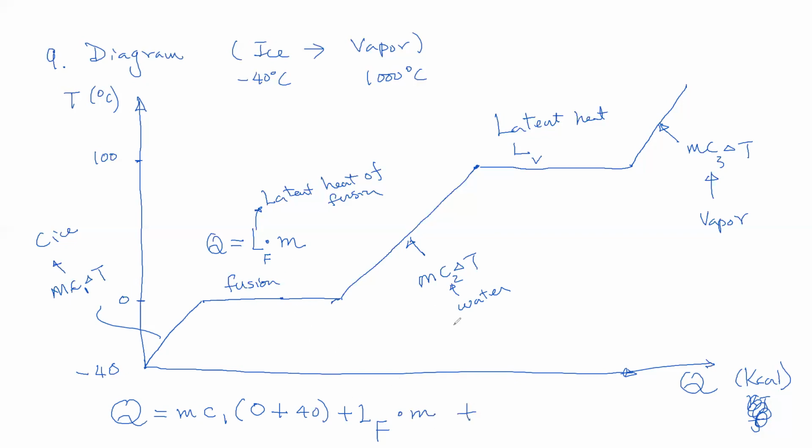And then plus m and C2, you're going to check the table for water, and this goes from 100 minus 0. Then plus the latent heat again, the LV, you've got to check the table, and then times the mass again, at 1 kilogram. And then you plus mc3 delta T. So let's say go to 1000, so then you have 1000 minus 100. So that's how you calculate this. And this will be in terms of joule.